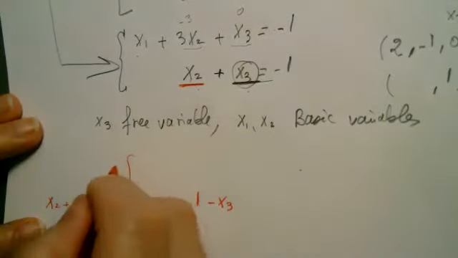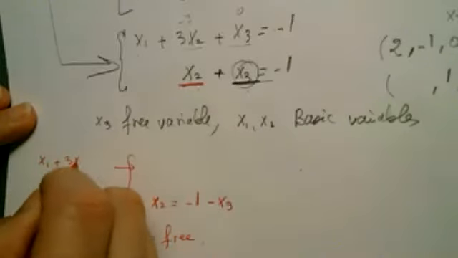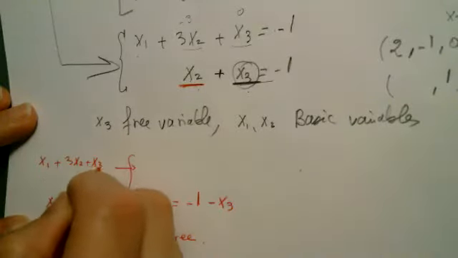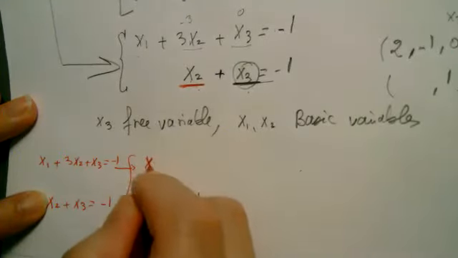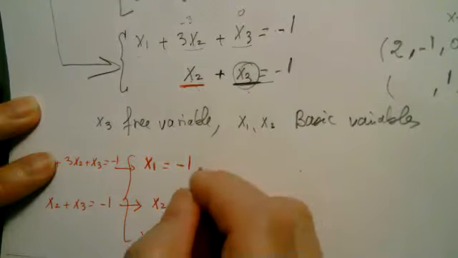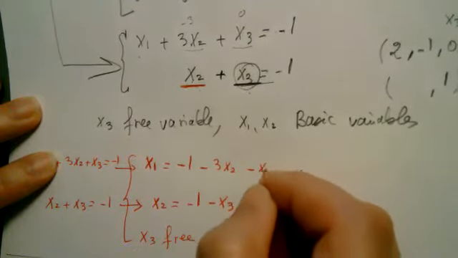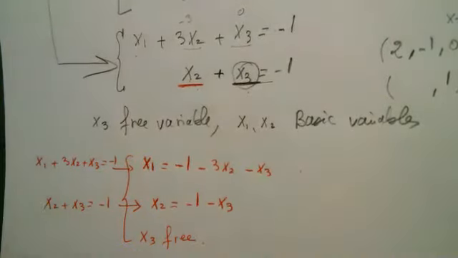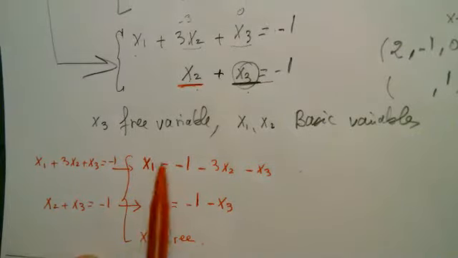Now, I use the first equation to solve for x1 in terms of x3. That is going to give me x1 equals -1 minus 3x2 minus x3. But this is not the solution. The solution should be such that all the basic variables are expressed in terms of the free variable.